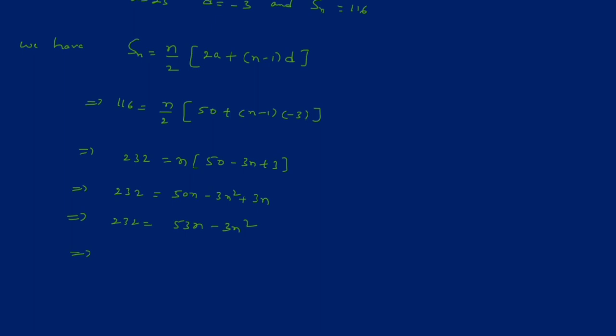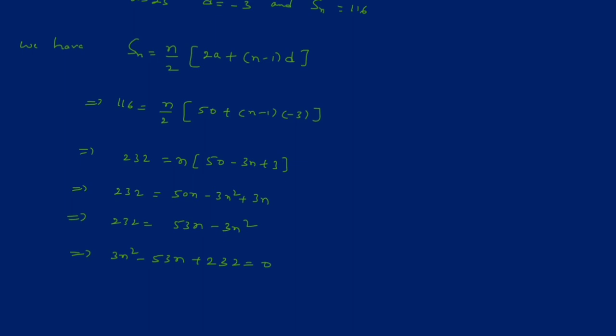We have to rearrange this in the form of quadratic equation. Then what we get here, 3n square minus 53n plus 232, which is equals to 0, right?